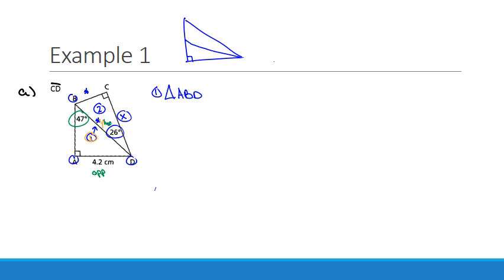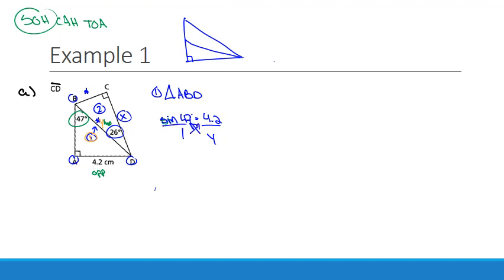If you remember from that previous video, SOHCAHTOA, I have opposite and hypotenuse, so I'm going to use sine. Sine 47 equals 4.2 over y. I just called it y. You can use whatever variable you want to use, but that's what I chose.